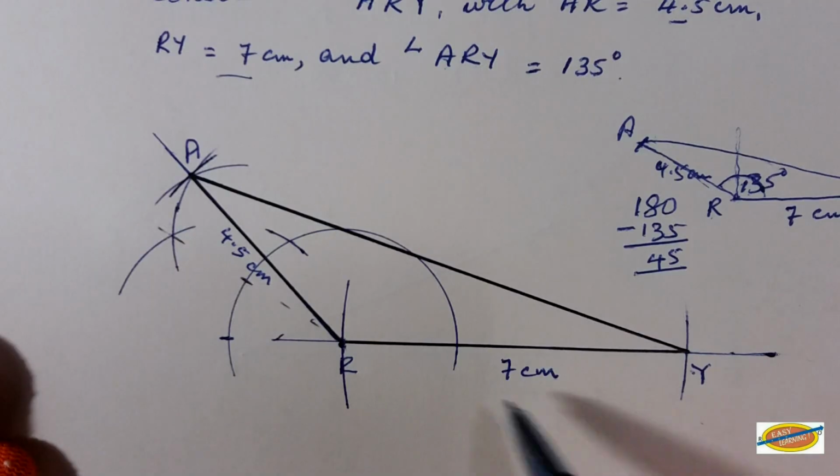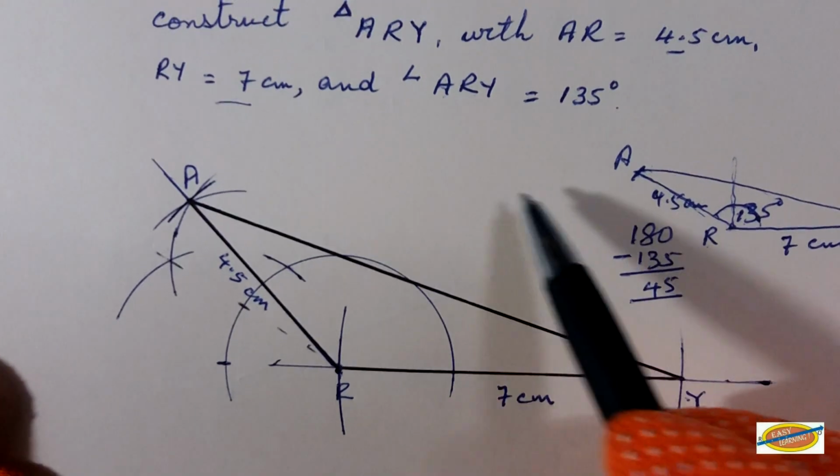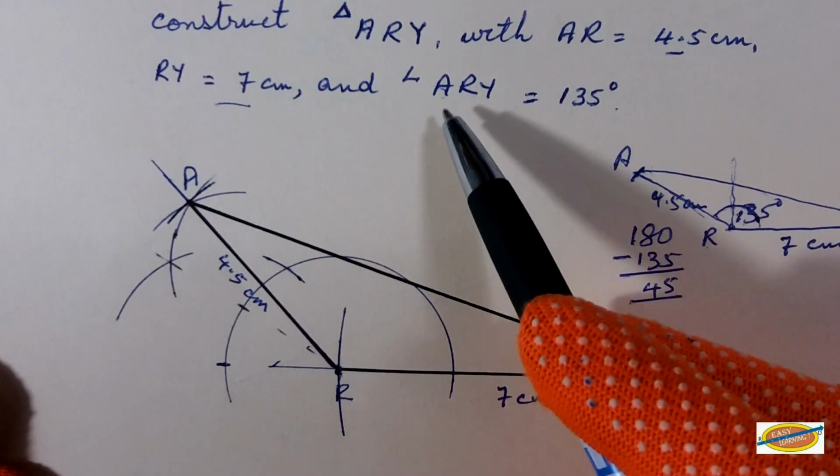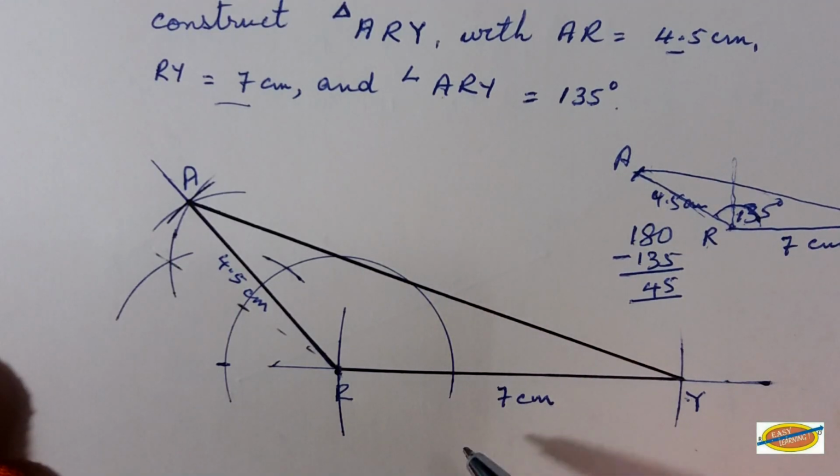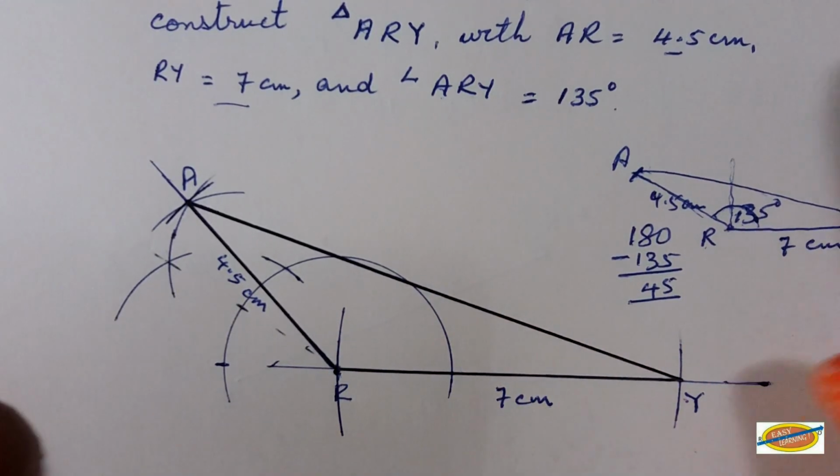We know RY is 7 centimeters, and we know angle ARY is 135 degrees.